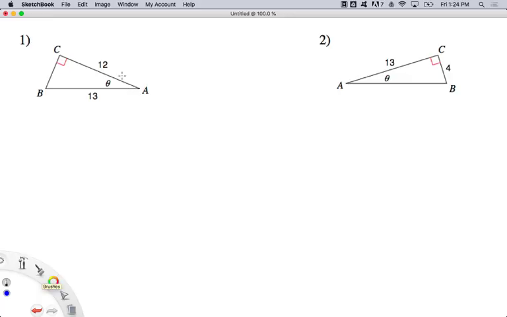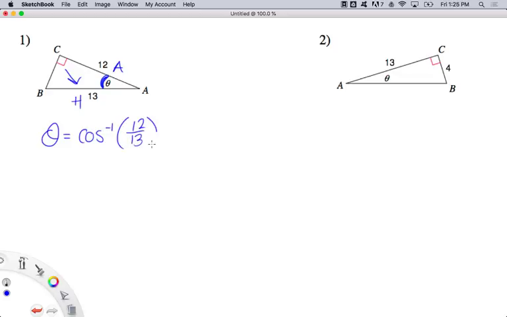Inverse trig, because we're solving for an angle. So I identify my angle, and then I identify my sides. This is hypotenuse. This is adjacent. Which trig ratio uses adjacent and hypotenuse? Cosine. So theta equals the inverse cosine.